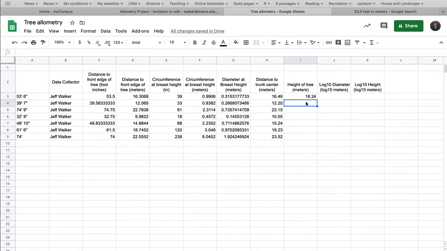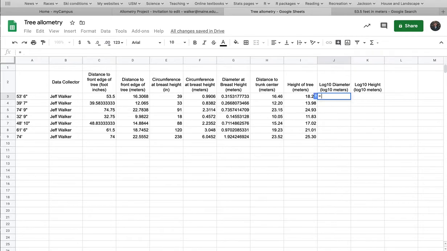So roughly, I'm about 2 meters tall, a little less than 2 meters tall. So this number should be a little bit less than 2 meters more than this number. It is. So this number passes the straight face test. Let's scroll that down. And now we take our logs, right?